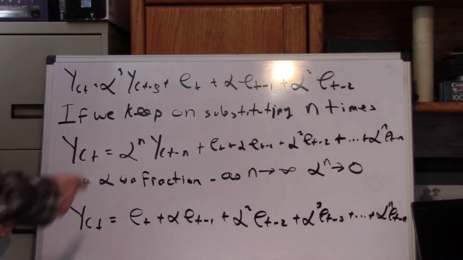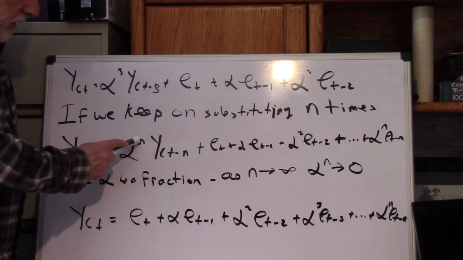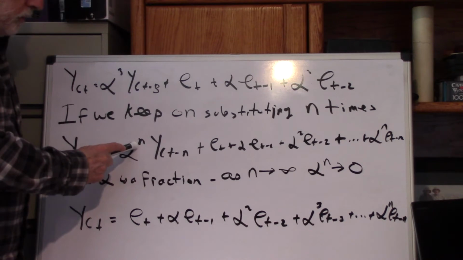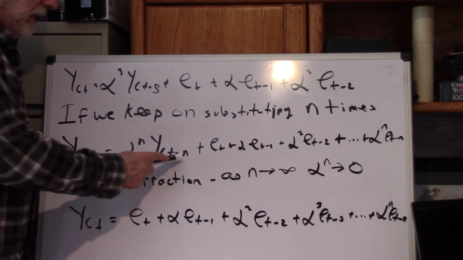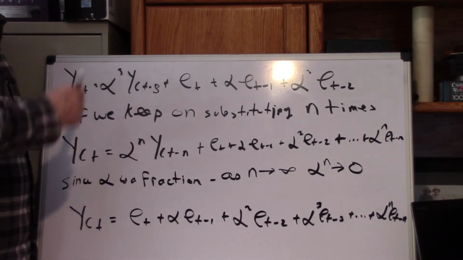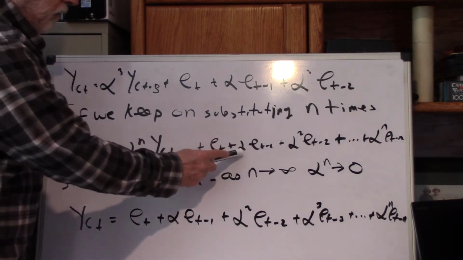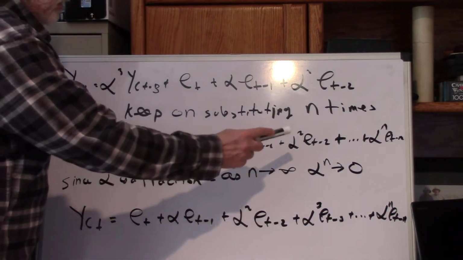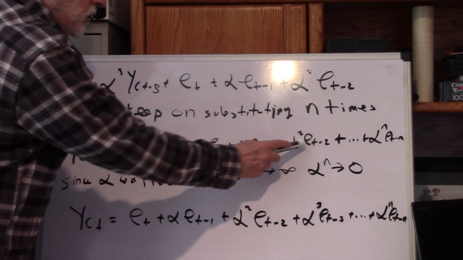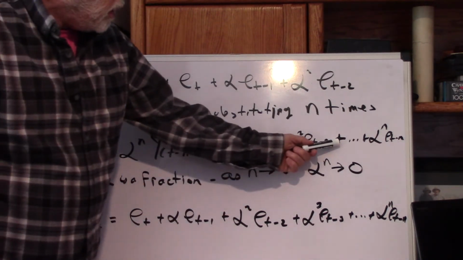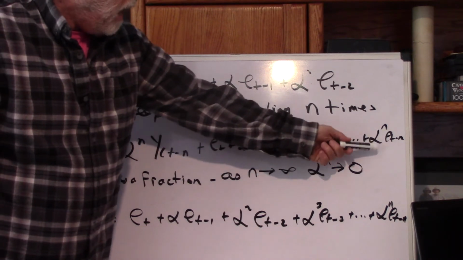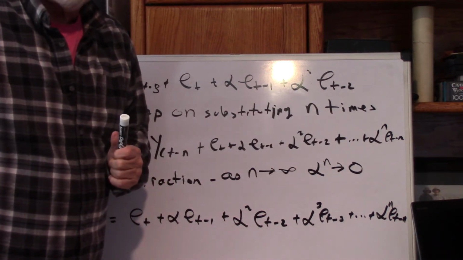Y^C_t equals alpha to the nth power, that's the number of times we substituted, times Y^C_{t-n}, n periods back, and n could be years, plus e_t, plus alpha e_{t-1}, plus alpha squared e_{t-2}, and then I just put a plus sign with dots to go to alpha^n e_{t-n}.